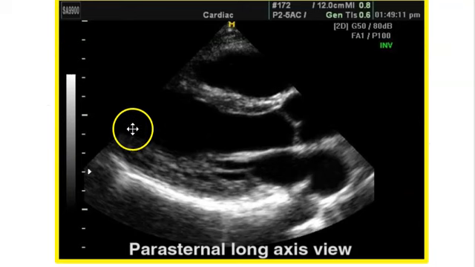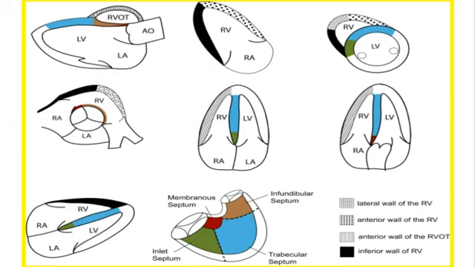And what we see, as far as the RV is concerned, in our parasternal long axis view, we see this part of the RV right here. And as we identified before in the parasternal long axis view, we're seeing this wall right here, which is, as we see down here, the anterior wall. The anterior wall of the right? No, whichever one looks like the anterior wall of the RVOT, I'm sorry.